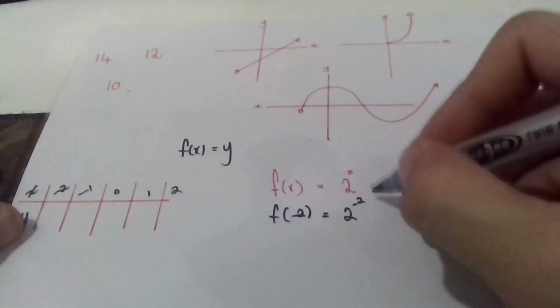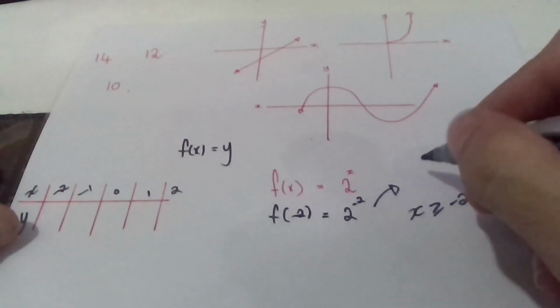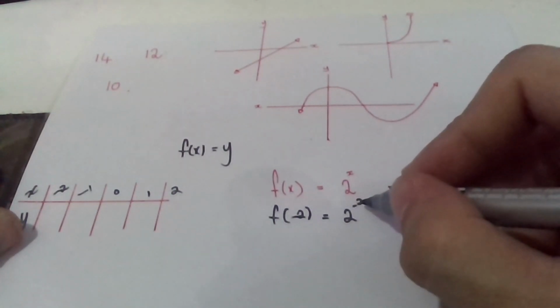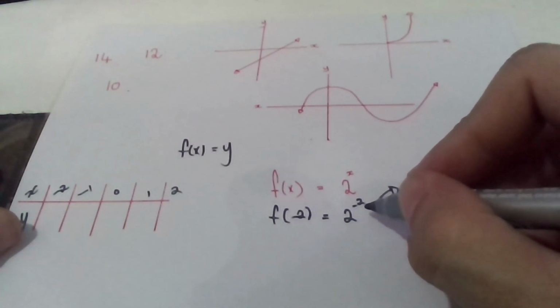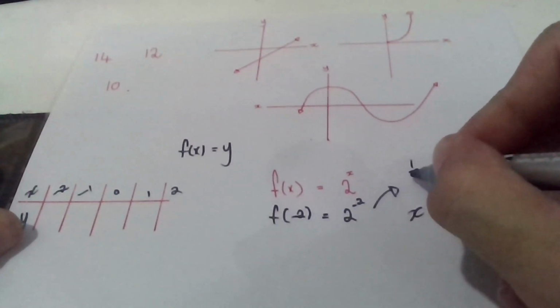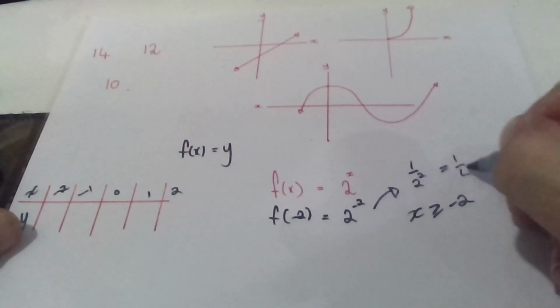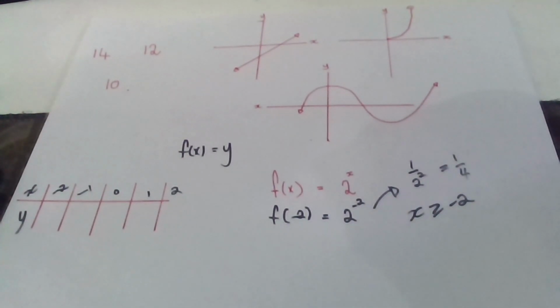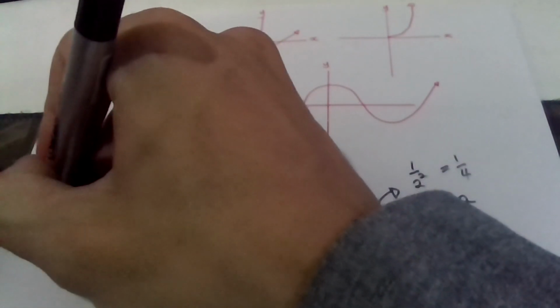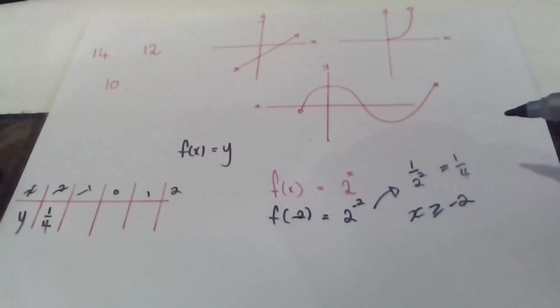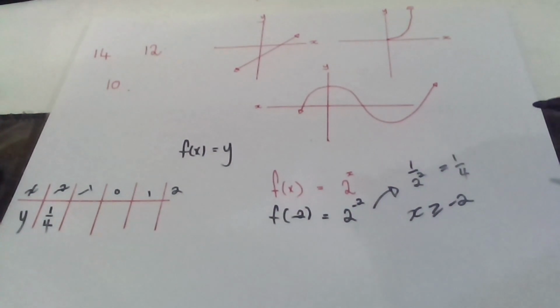To solve this, I need to make my exponent positive. I can do that by placing it over 1. 2 to the power of 2 is 4, so this is 1 over 4. Now I have my first point, where x is -2, y is positive 1 over 4.